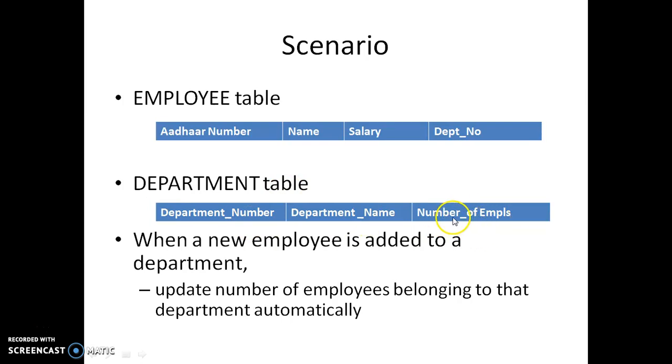This number of employees field is a derived attribute, so it depends on how many employees are there in the employee table. Now we need to create a trigger so that whenever a new employee is added to the department, that is, whenever you insert a new tuple in the employee table, in the department table you have to go to the corresponding department and update the number of employees.